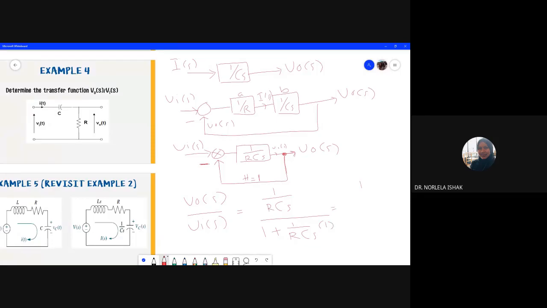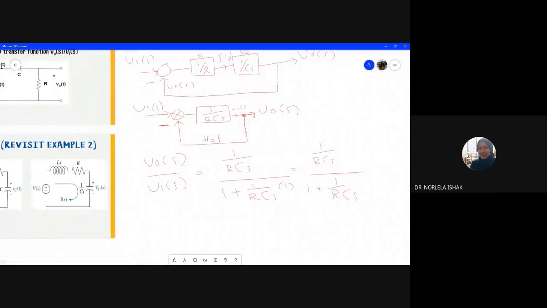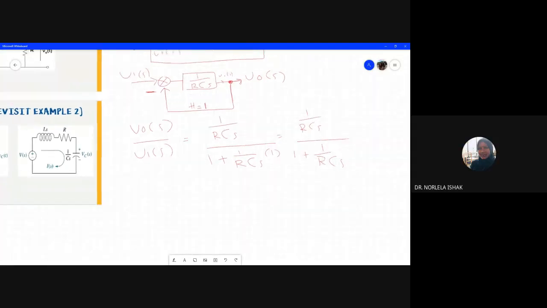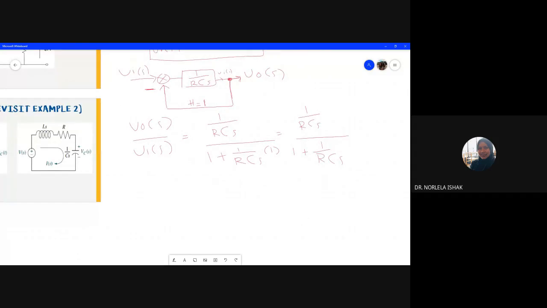So you can get 1 over RCS over 1 plus 1 over RCS. Okay, class, clear? Okay. Madam worries if it's silent, I'm afraid I'm talking to myself.